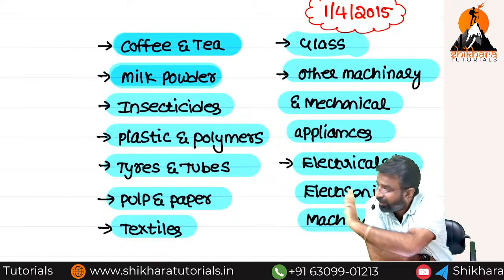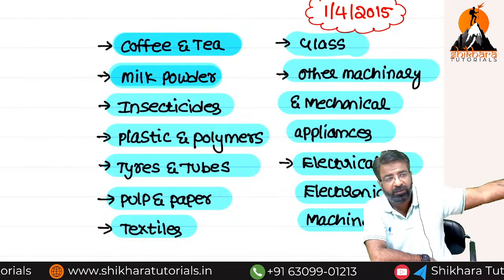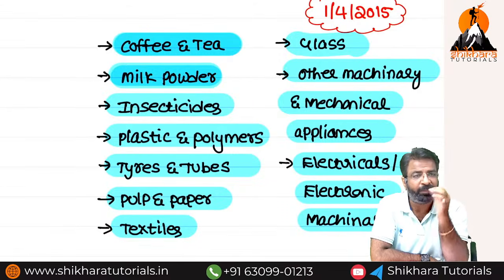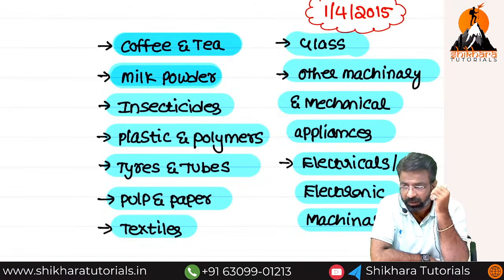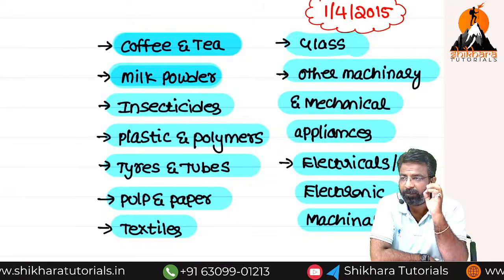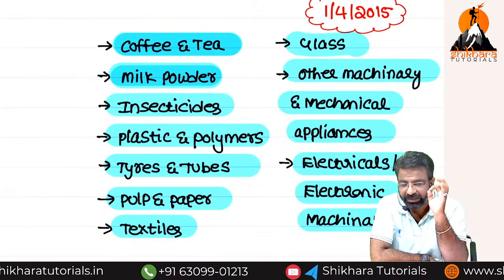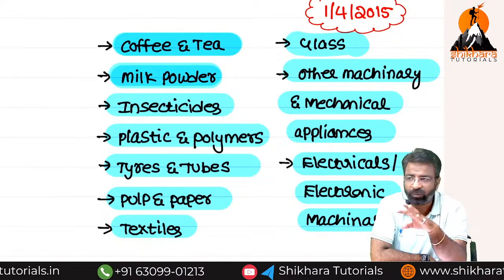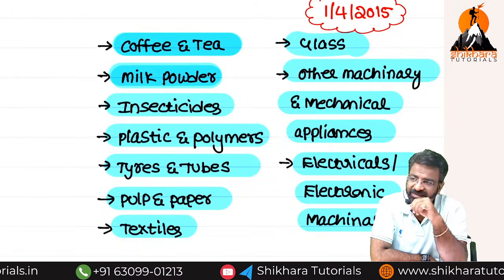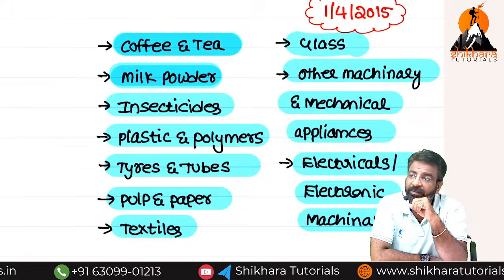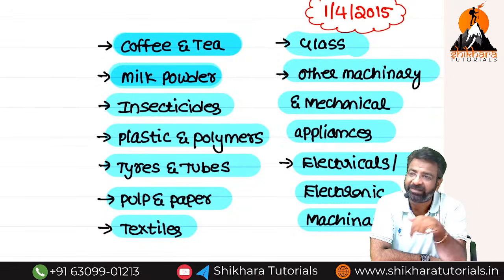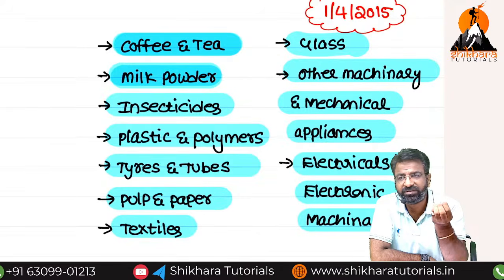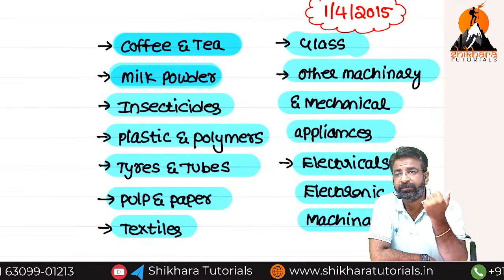What is not written here is from when? 1/4/2014. What is written here is from pulp, rubber, plastic, tea, coffee, milk powder, pesticides. 2014. Insecticides, electricals, machineries, aerospace.